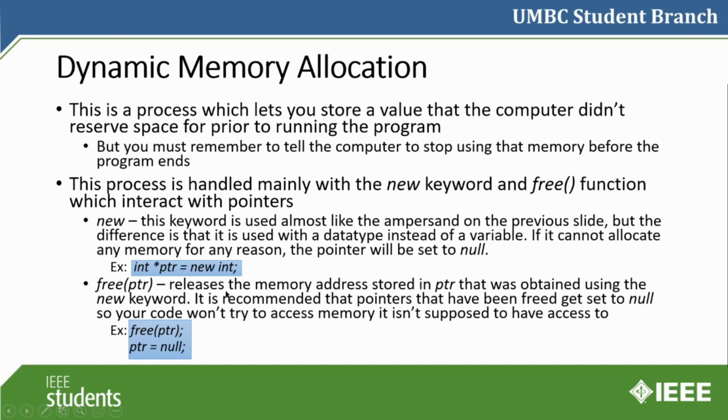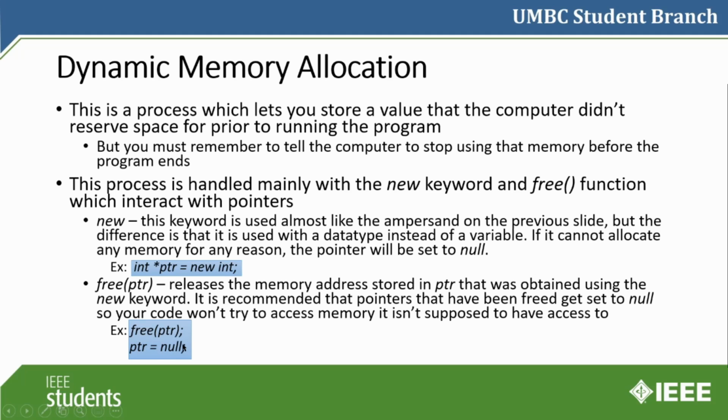The new keyword you combine with a data type, and it will return a pointer to an instance of that data type, which you can then store. And the free function will free the memory that was allocated by the new keyword, and will basically ensure that you don't keep access to memory you shouldn't have access to when your code finishes.